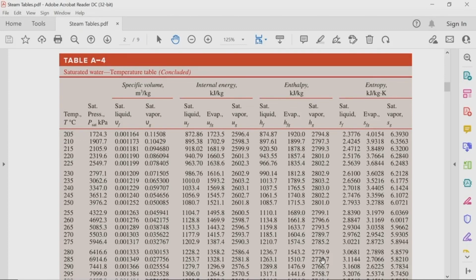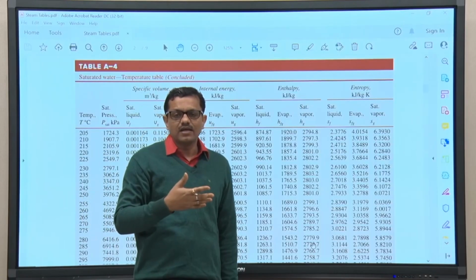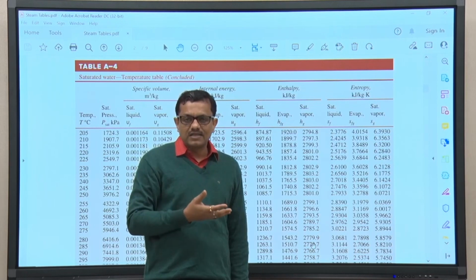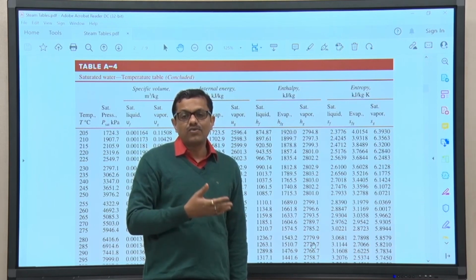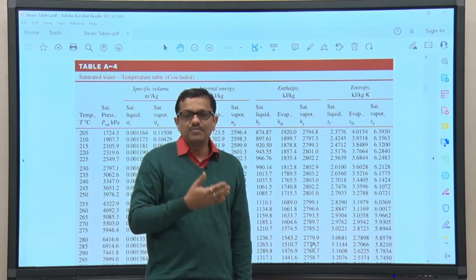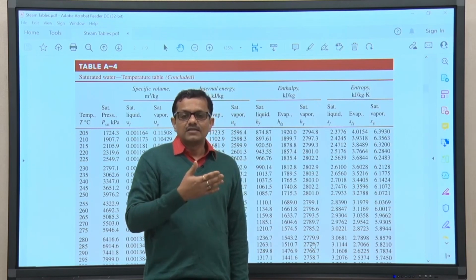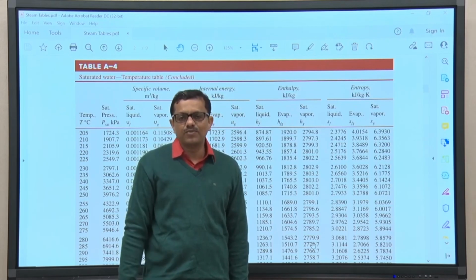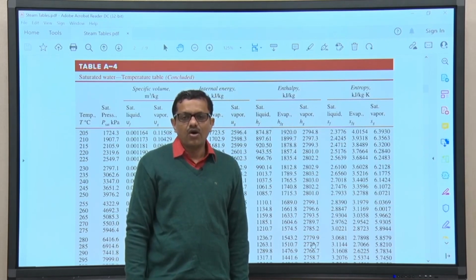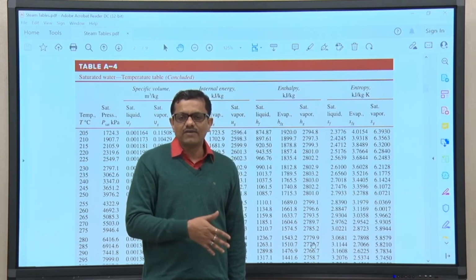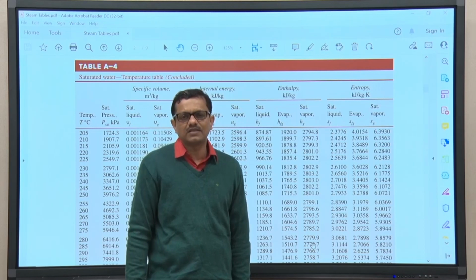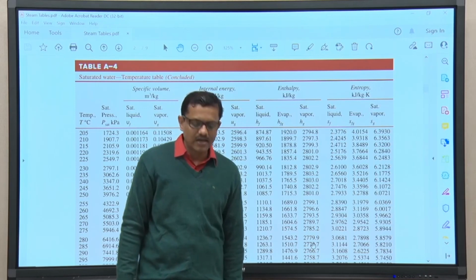If we find the saturation temperature corresponding to 6 megapascal, and it is less than 500 degrees Celsius, then definitely point 3 will be in the superheated regime. If 500 degrees Celsius is equal to the saturation temperature at that pressure, then it would be on the saturated vapor line.